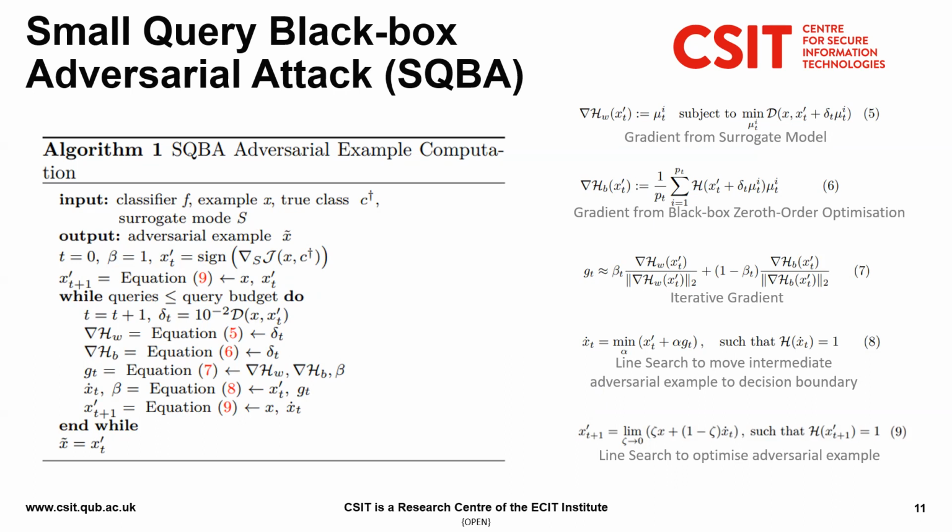As adversarial examples are well optimized by estimation from the surrogate model, the zeroth-order optimization doesn't need many queries to estimate gradient. Therefore, query efficiency is achieved.